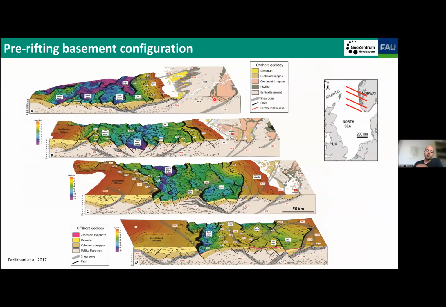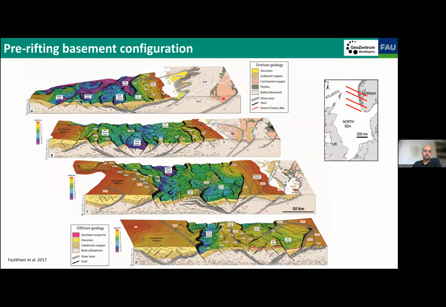Looking at the pre-rifting configuration, as I said, we have several orogenic shear zones, as we see here. We have some remnants of nappes, para-autochthons, and continental basins shown in yellow here. These are the post-orogenic extensional basins.